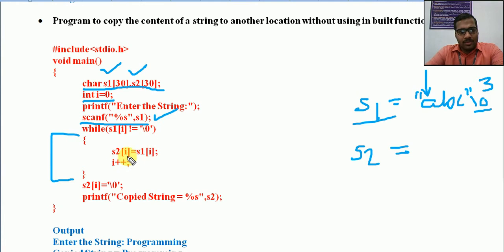Here also what we are going to do, I will be doing s2 of i, which means s2 of 0, is equal to s1 of i. So this A will be assigned to the 0th location of s2.